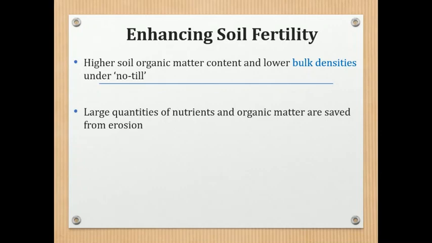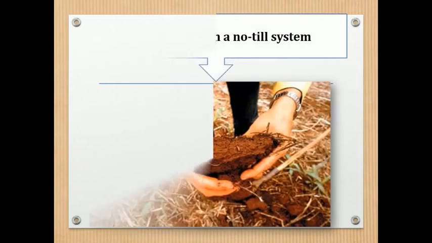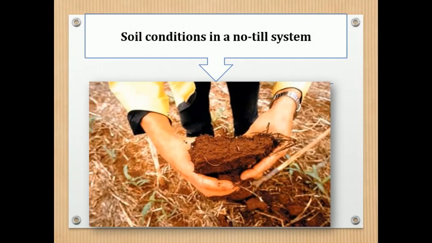Large quantities of nutrients and organic matter are saved from erosion by the no-till methods. This photograph shows rich soil in a no-till system. The less disturbed soil structure is very clear under these no-till operation systems as per this photograph.